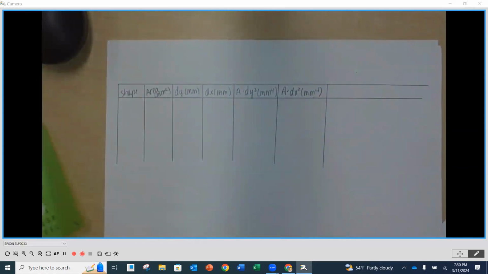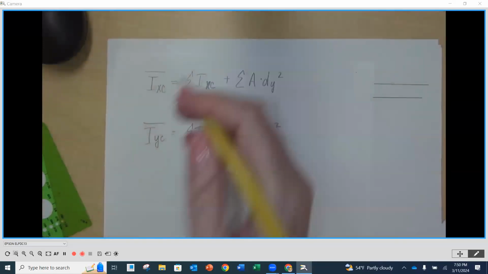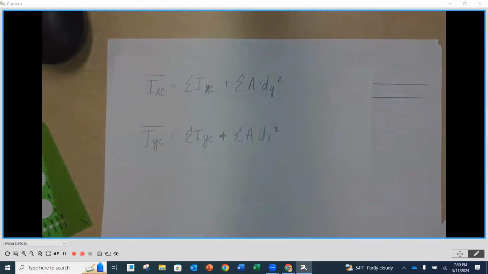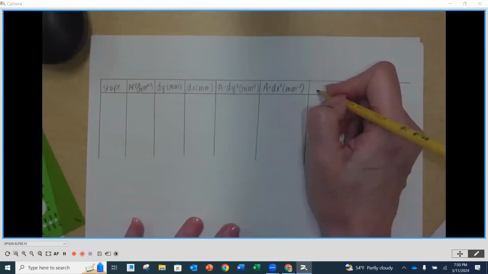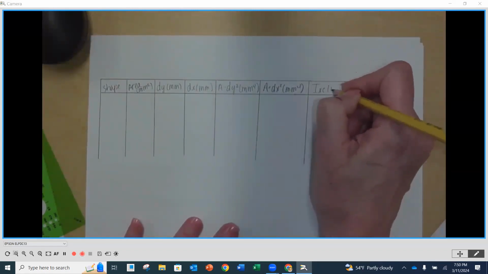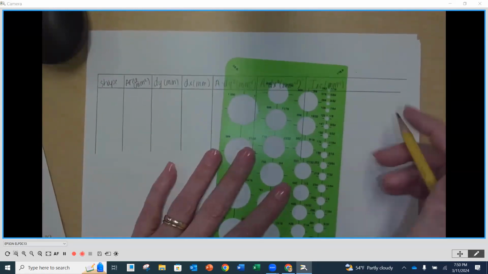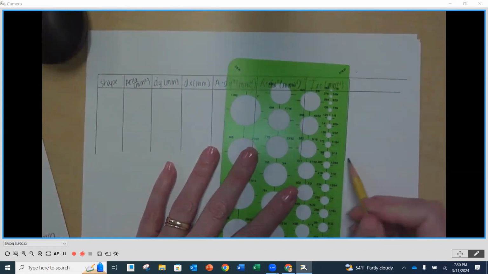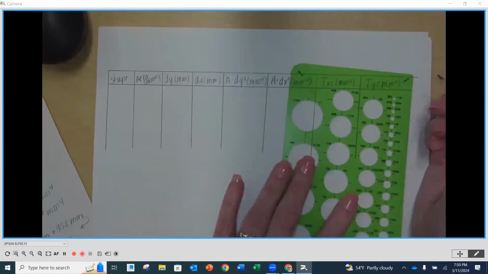And what's left over? I need 2 more columns. Yep, my moments of inertia about my x centroidal axis and my y centroidal axis. So IXC millimeters to the fourth, and IYC millimeters to the fourth.